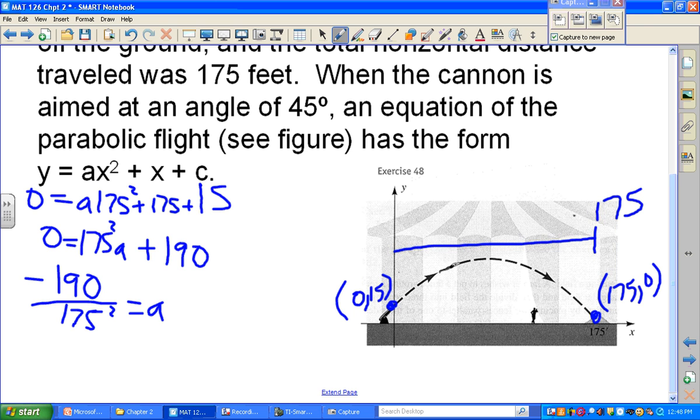Looks like it should, but it might be too big. Look at that! I love that. Negative 38 over 6125. All right. So we got that. So that's our equation.